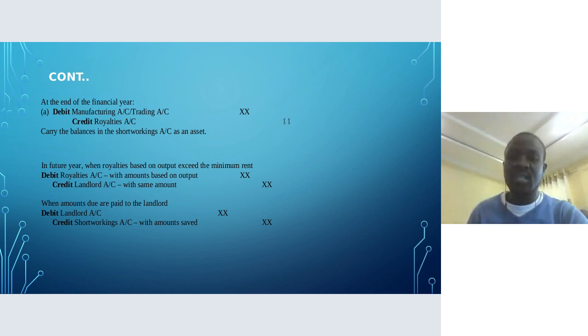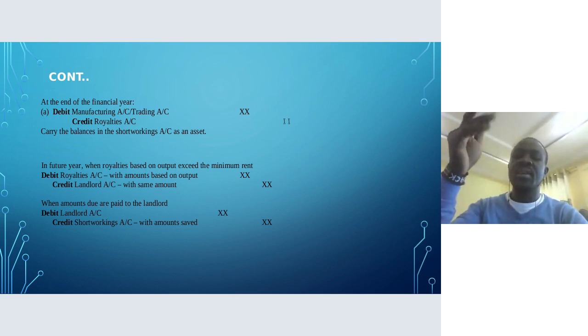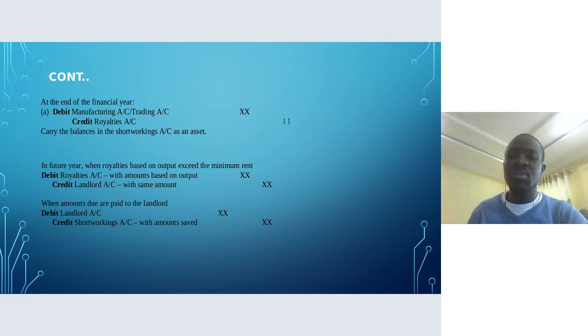So we have the year, we have the output, and then column 3 for the minimum rent. Then column 4 should be the short workings, and we have said short workings arise if the output is less than the minimum rent.